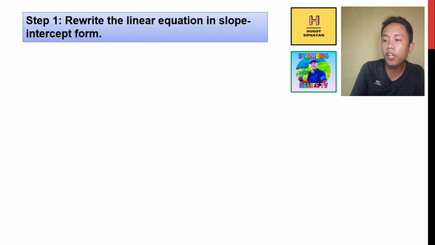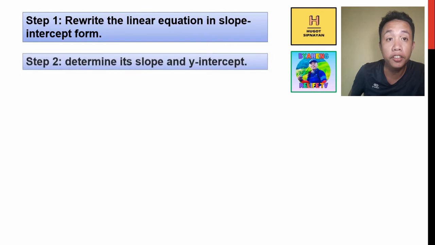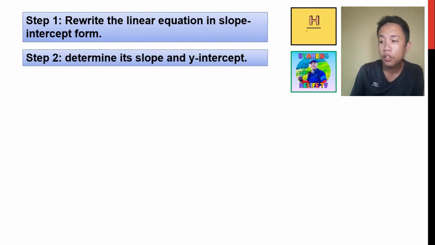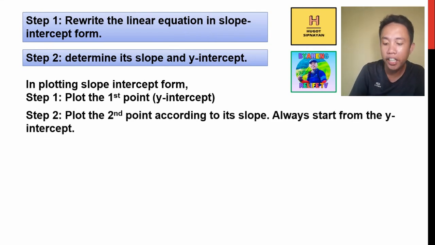Now, ito po yung rule natin. First step natin when we're trying to graph using slope-intercept form, we write the linear equation into slope-intercept form to determine the slope and the y-intercept. Kapag nag-graph naman tayo, i-plot yung first point natin using the y-intercept. At ang second point natin, gagamit tayo ng slope.